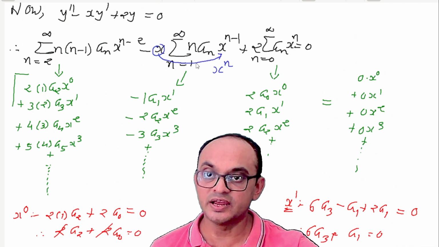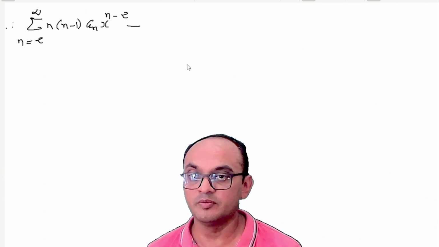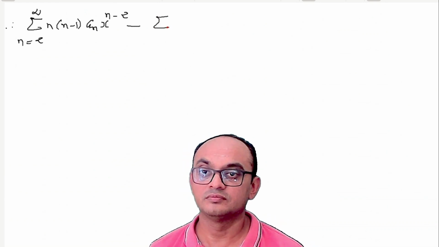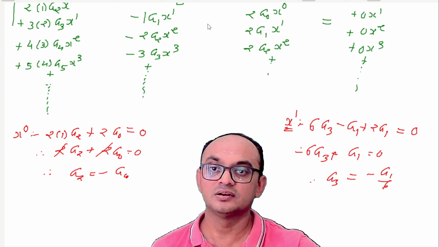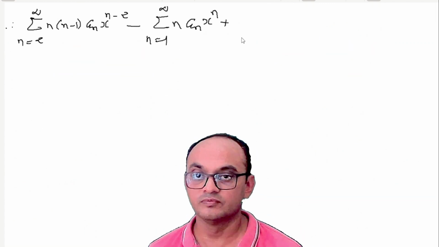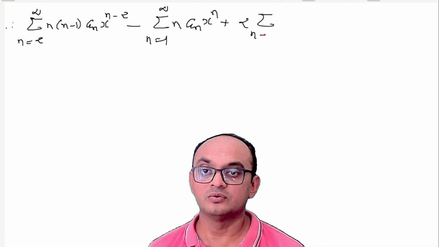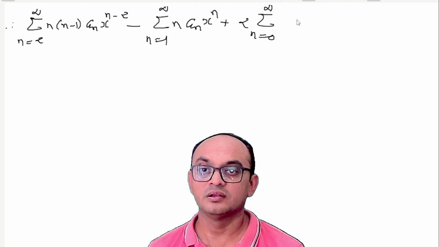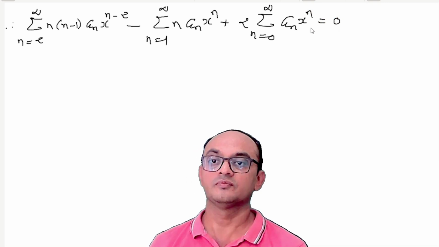This x goes inside, so n a_n x raised to n, so it will be minus summation n equals 1 to infinity n a_n x raised to n, plus 2 times summation n equals 0 to infinity a_n x raised to n, equal to 0.